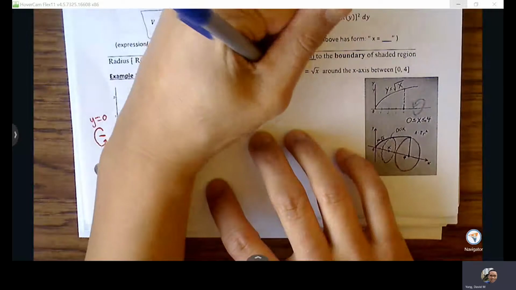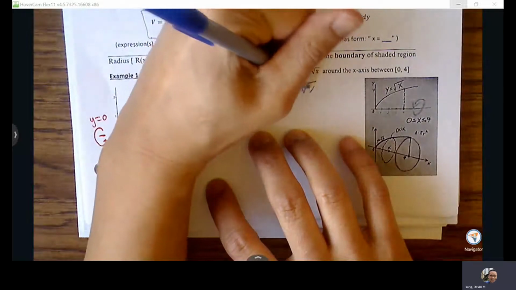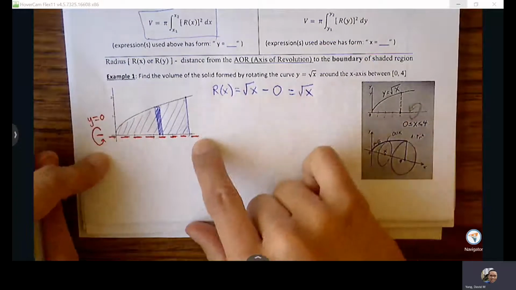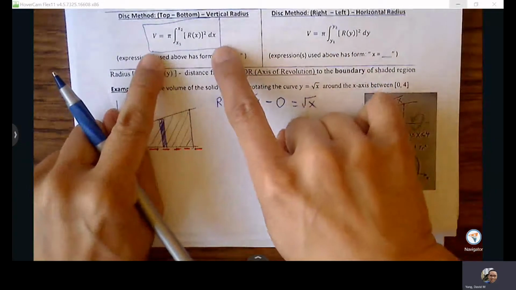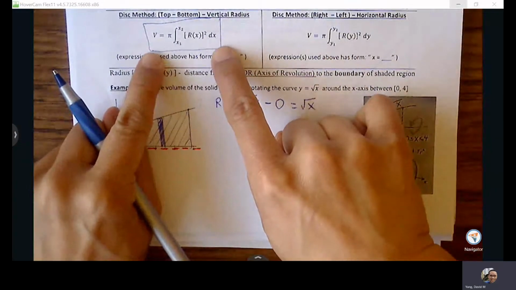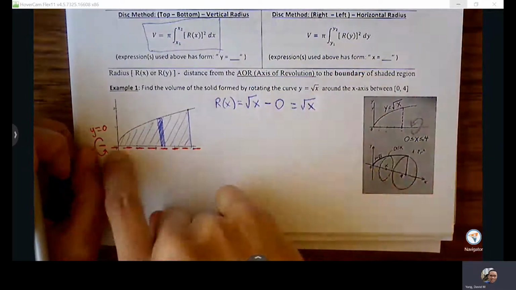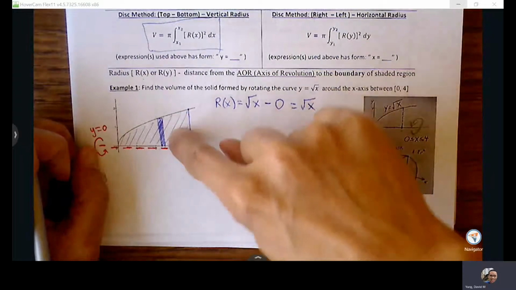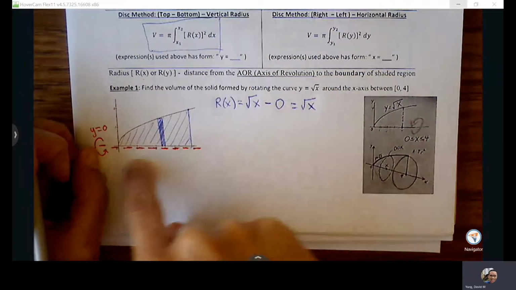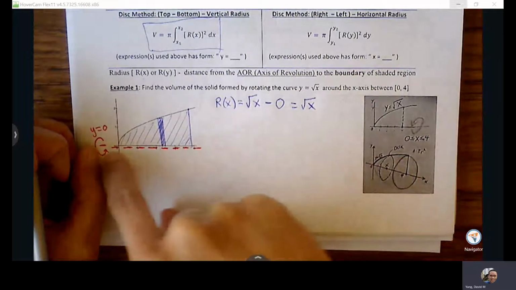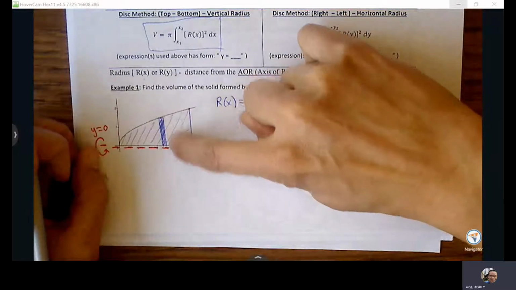So radius is just root x minus 0, which is root x. The boundary is already in front of us, so we're ready to insert into our volume formula. Oh, and also, our radius is always going to be perpendicular to your axis. There's always going to be a perpendicular relationship between the center of your object and the radius of your object.